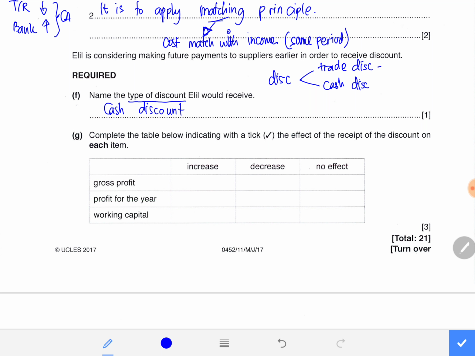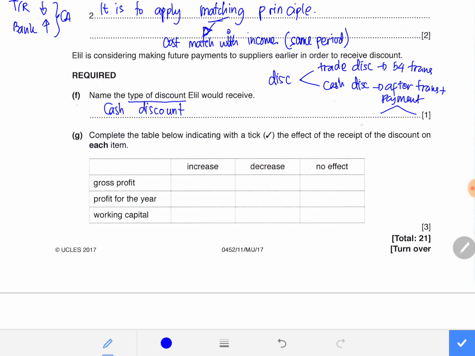Trade discount happens before the transaction. Cash discount is after the transaction, I mean, it happens after transactions and when there is a payment.